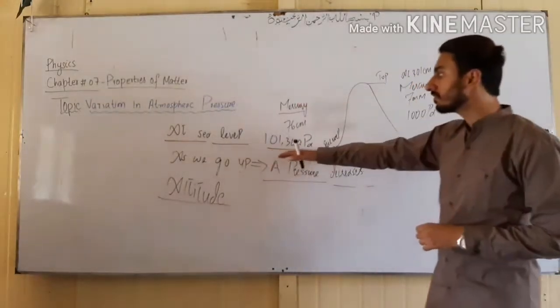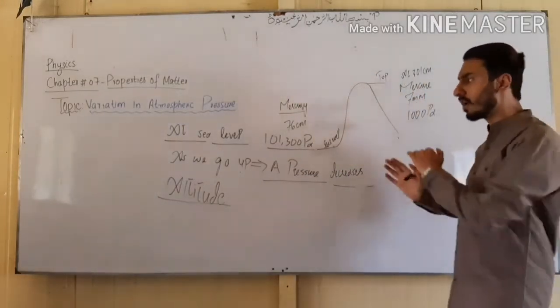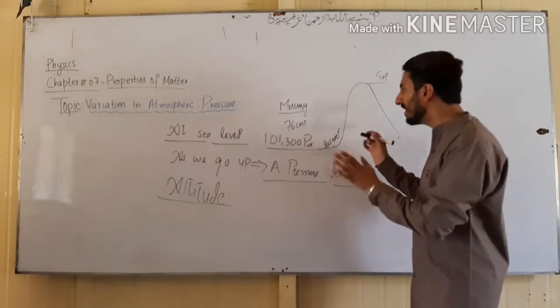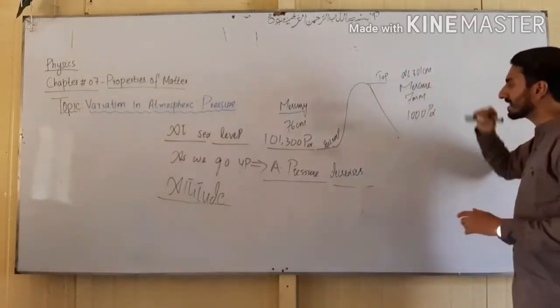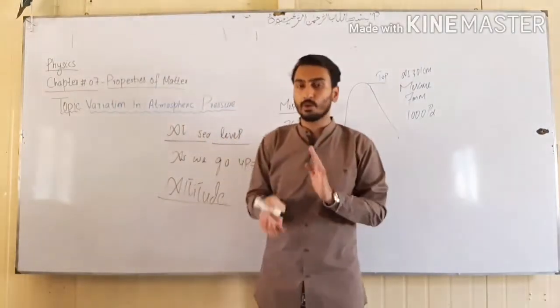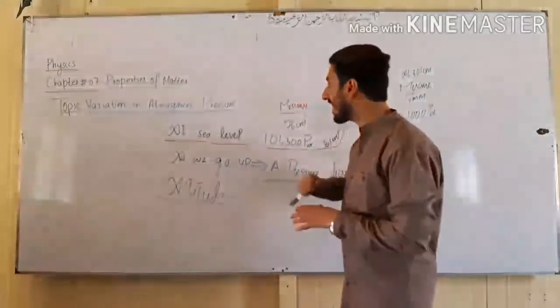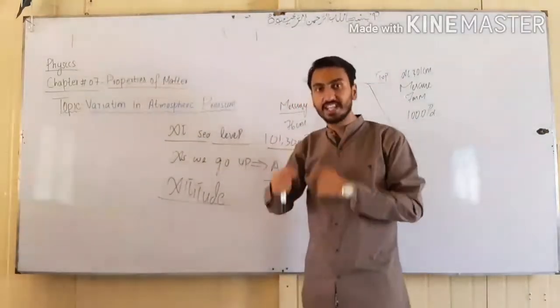But if the atmospheric pressure of mercury is 7 millimeter, or in between the values of 76 centimeter and 7 millimeter, we can say that the altitude of this place is higher than sea level, because as we go up, atmospheric pressure decreases.